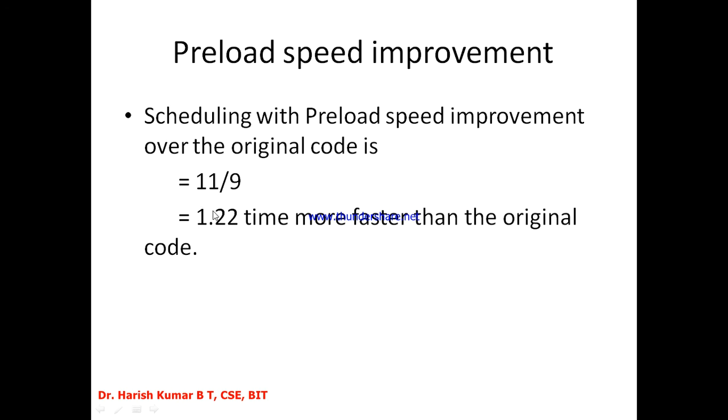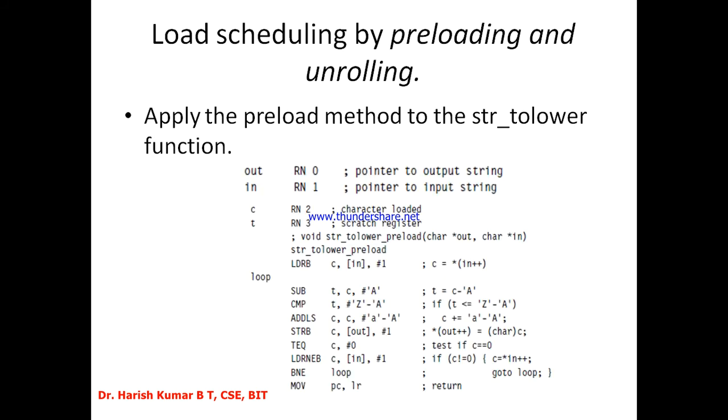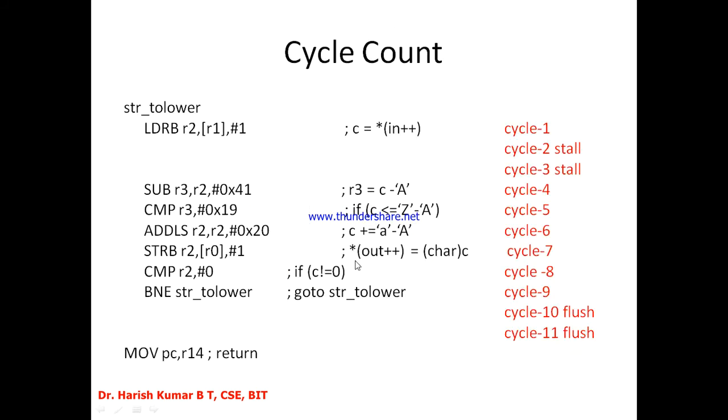Now when I do 9 by 11, it is 1.22. What is this 1.22? This is the speedup of the optimized code. The optimized code is 1.22 times faster than the original code.